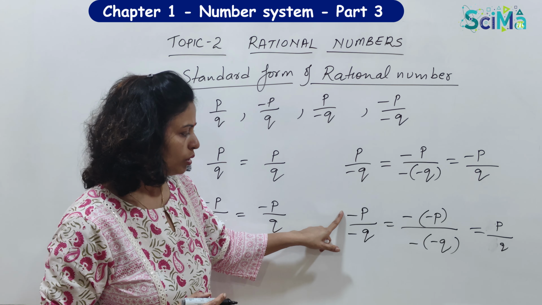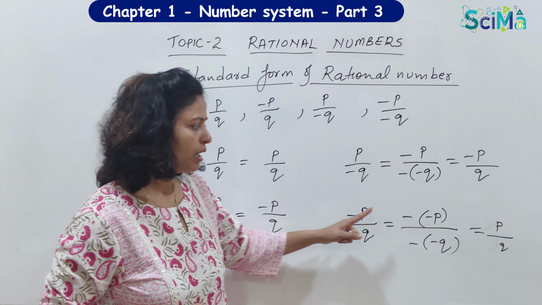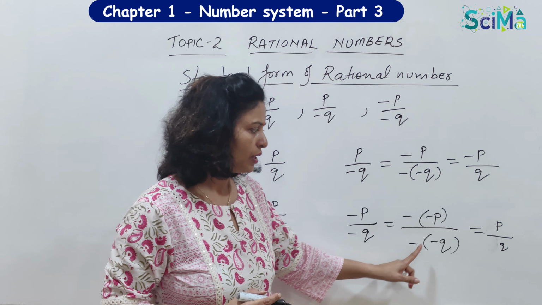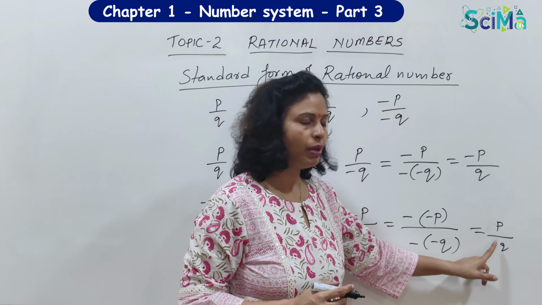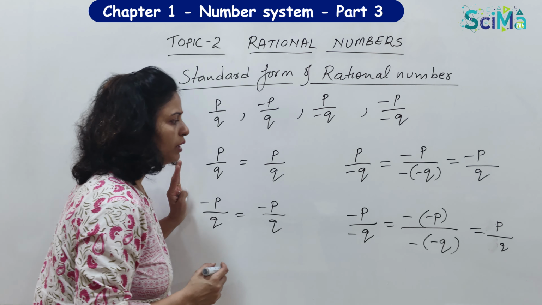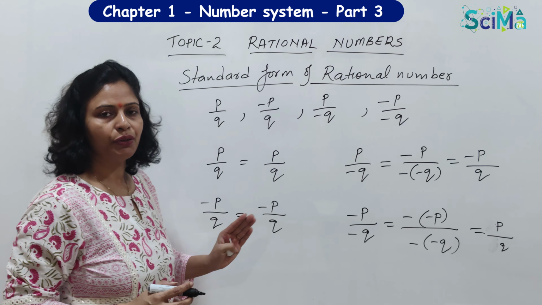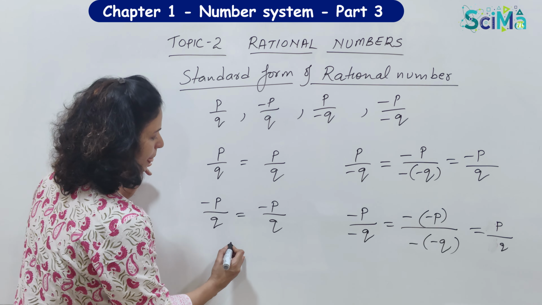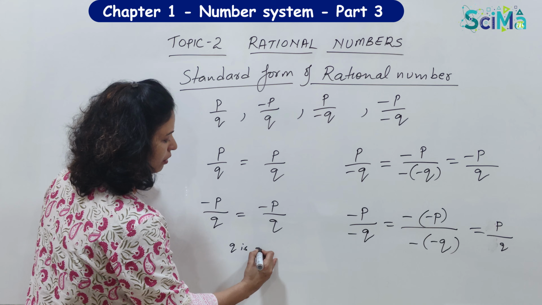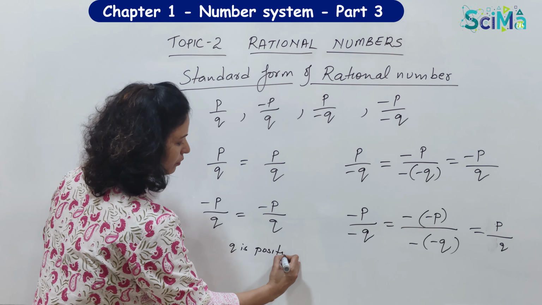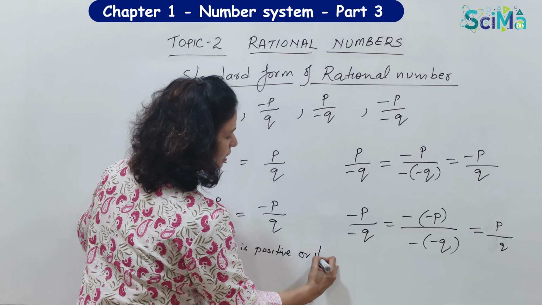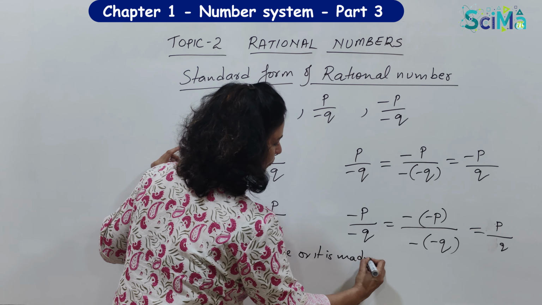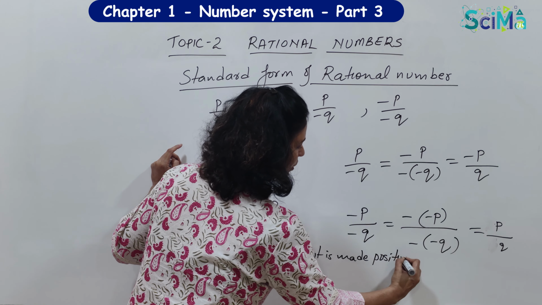Here also both numerator and denominator were negative, so I made it positive by multiplying with minus, and I get plus P by plus Q. So in all these four situations, we get the standard form of rational numbers. In these four situations, Q is positive, or it is made positive.